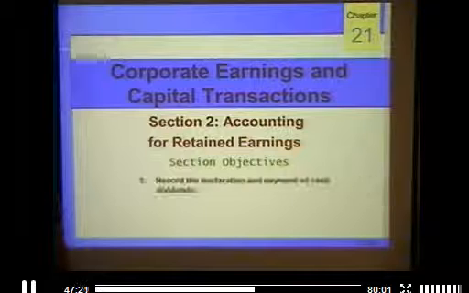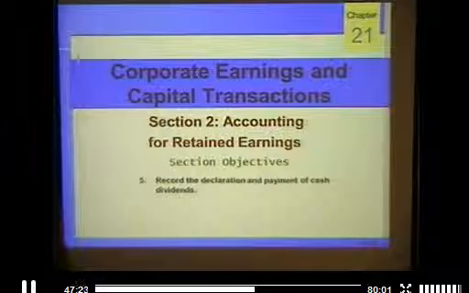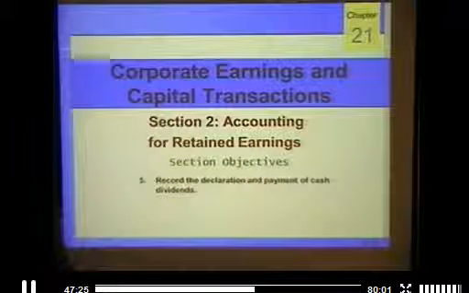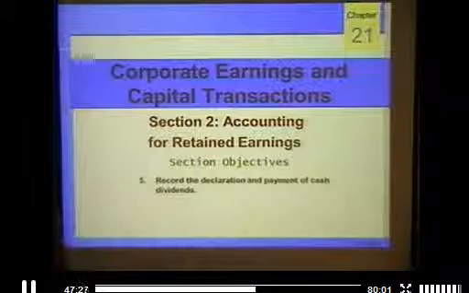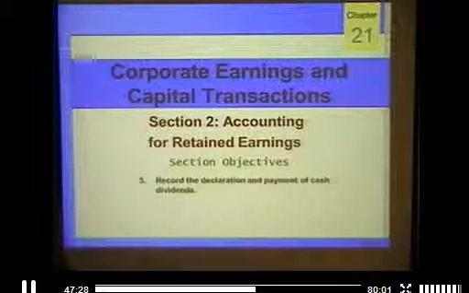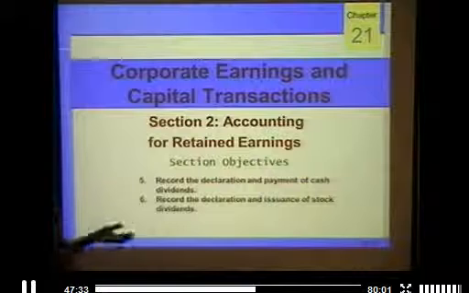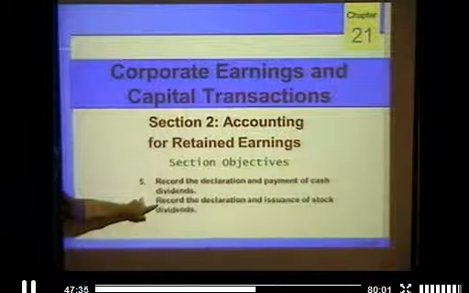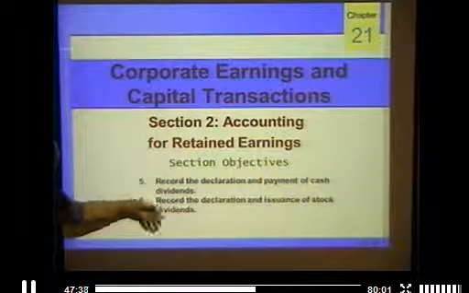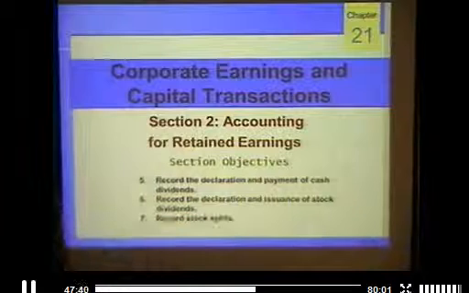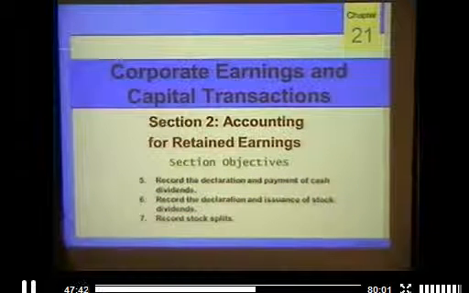Okay, let's see if we can get through this. This is on paying the dividends, which we will have some entries on: declaring the dividend, payment of cash dividends. And sometimes they issue people shares of stock as their dividend. And sometimes, have you ever heard of this?